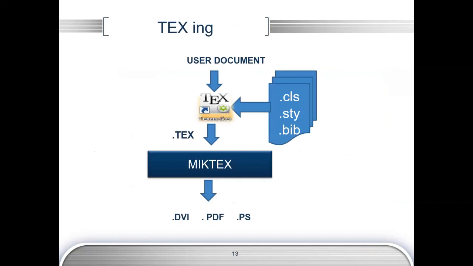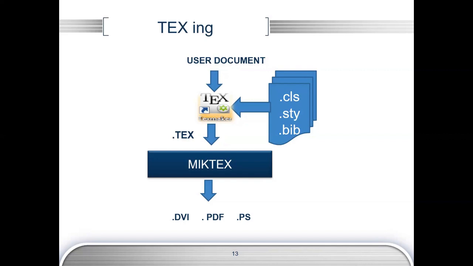So the user can type a user document in TeXMaker. The user document is merged with the class, style, and bibliography files, which are provided by a college for a report or a journal for its journal template. So the template comprises class, style, and bibliography files. The user creates their own document in a text file.